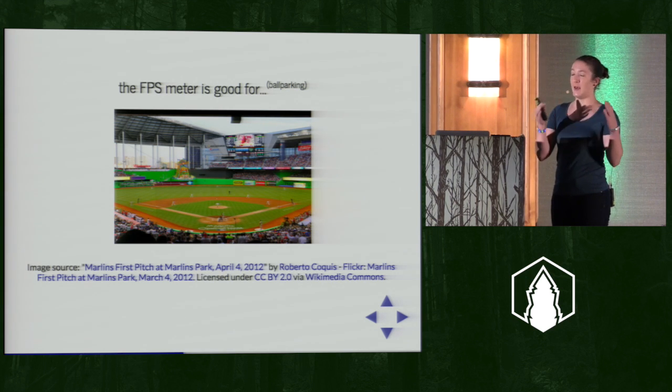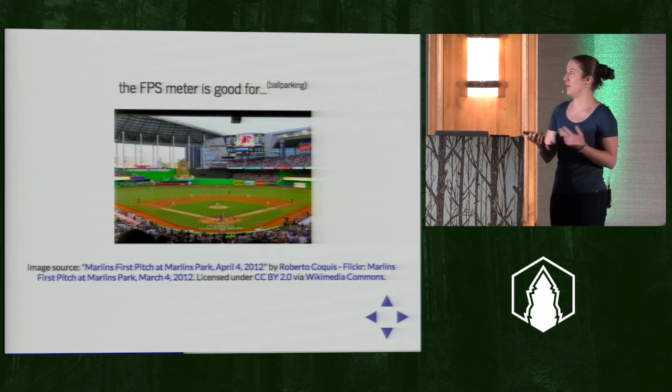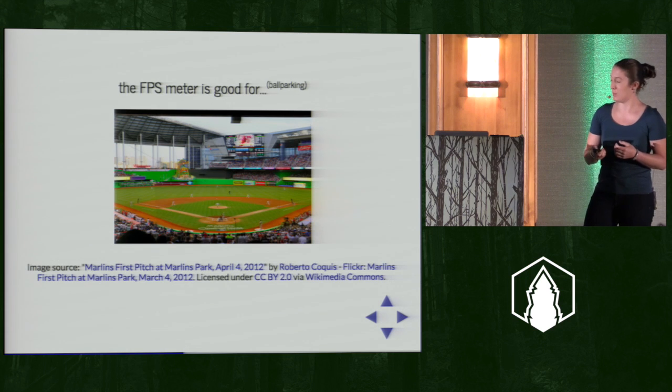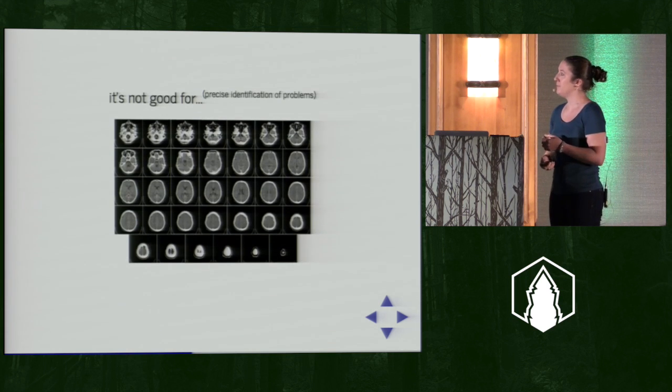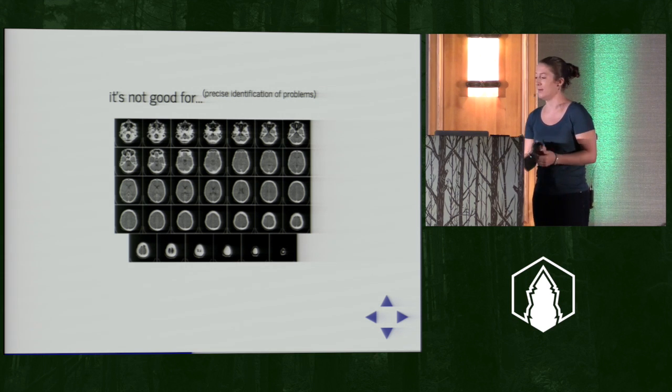Or you can set up some little tests and get a general idea of whether this interaction is doing well or not, but it's not going to really pinpoint anything for you. It's just not good for that kind of surgical precision, as you might call it.